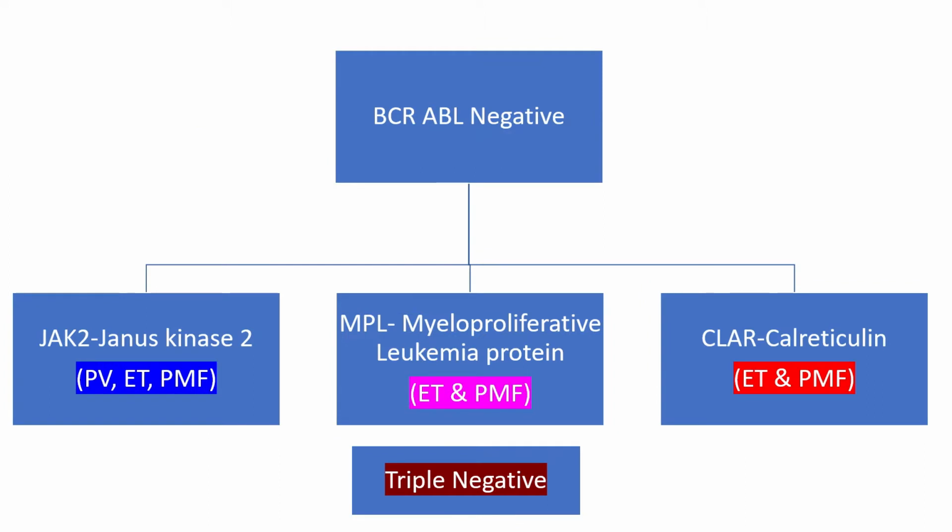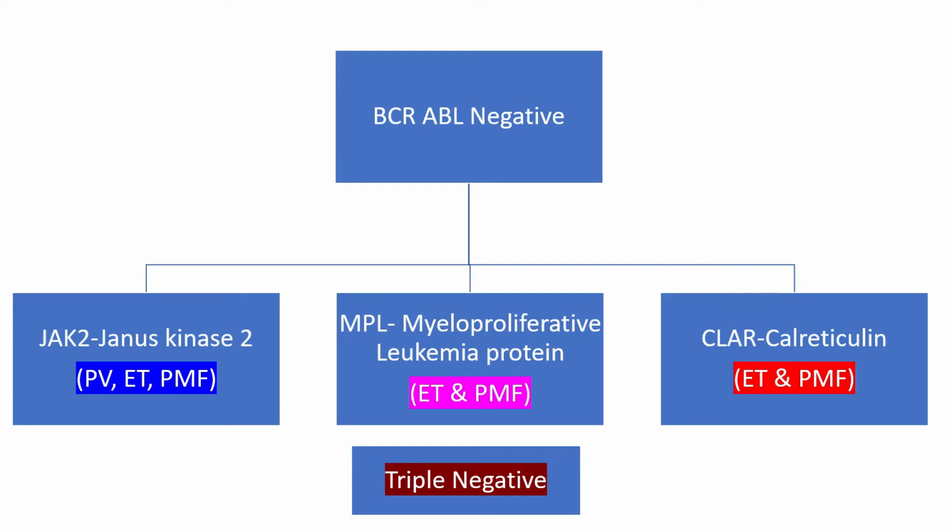The BCR-ABL negatives will have other genetic characteristics, which is the JAK2, Janus kinase 2, which is found mainly in polycythemia vera but also in essential thrombocythemia and primary myelofibrosis, and MPL, which is myeloproliferative leukemia protein, which is found in ET and PMF, and CALR, which is the calreticulin gene, which would be found in ET and also in PMF.